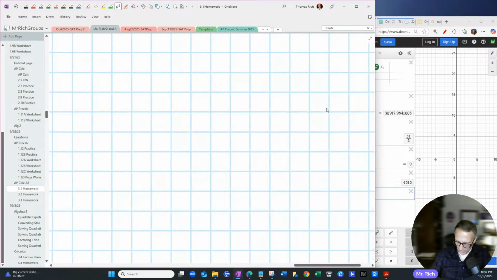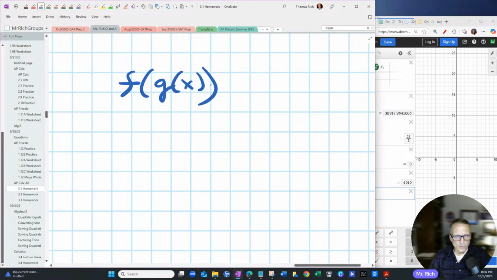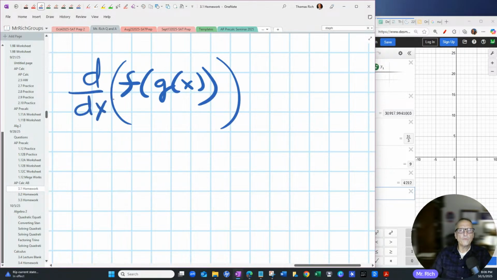In calculus, we use it when we are taking derivatives of compositions of functions, when we have a function tucked inside of another function, what we call f of g of x. If I'm going to take the derivative of such a function, we'll call it d dx, the derivative with respect to x.